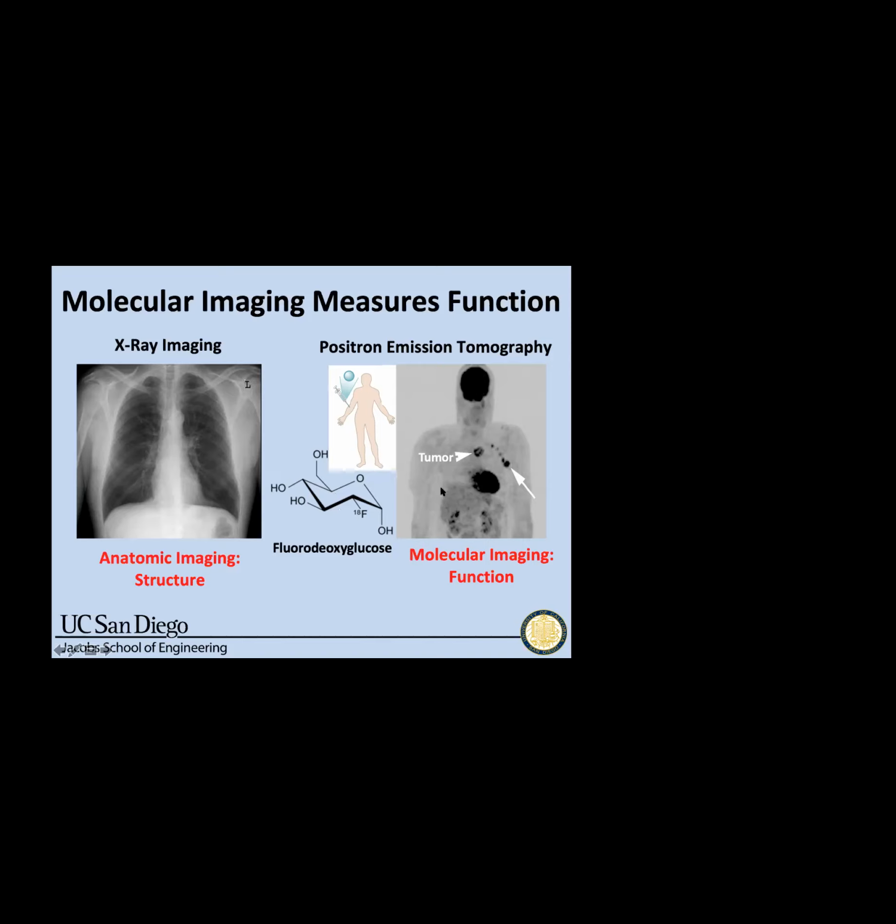But what we're actually imaging in this experiment is the biodistribution of the glucose 6 transporter, right? Because that glucose 6 transporter is what is causing this radiolabeled glucose to pass across the bloodstream into the cells and accumulate in the cells. So that's why people call this molecular imaging, because what we're imaging here is molecular level information.